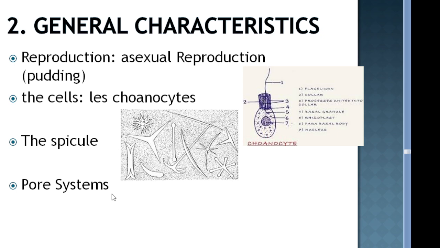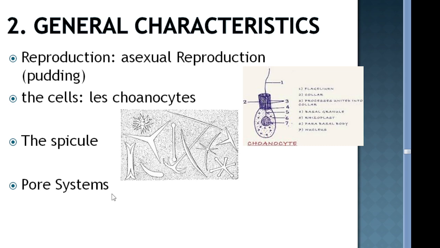Now, another characteristic, which is the pore system. When you observe the sponges, you see many pores. These pores are not disposed just any way, but there is a real organization of the pores.